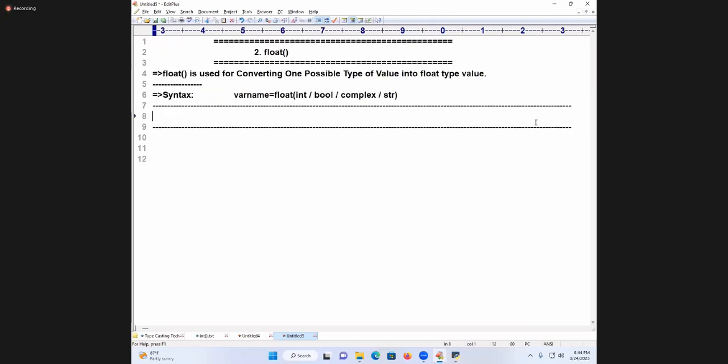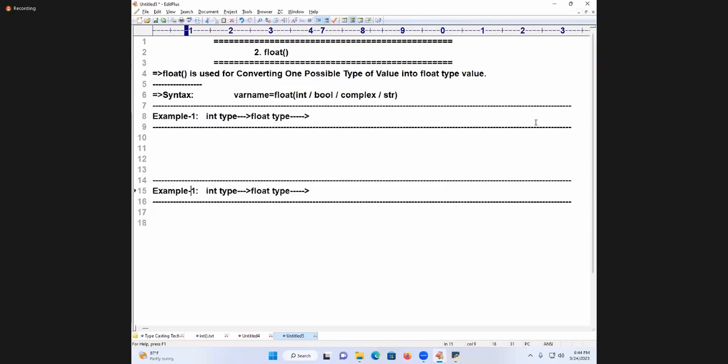So what is the first example? Example 1. What is the first example? Tell me. Float type, int type to what? Float type. Now possible or not possible, you need to decide. Okay now? Right. Like that, I'll take some format, students, then I'll start my example so that you'll have the clarity. What is this now?